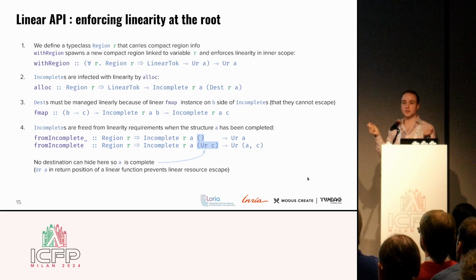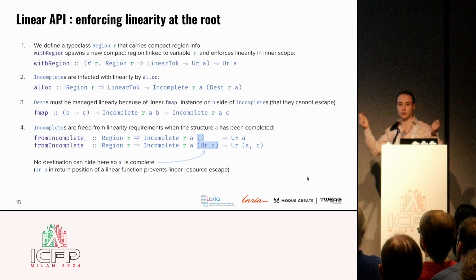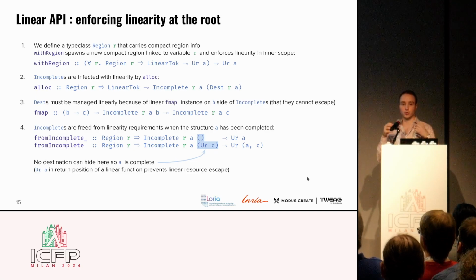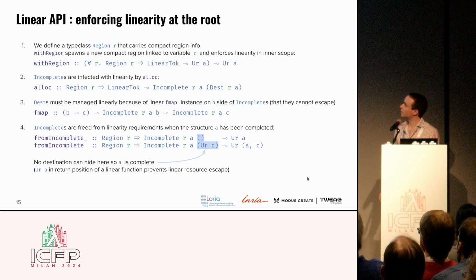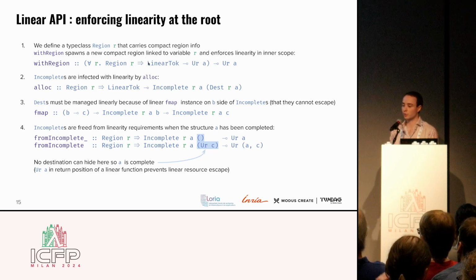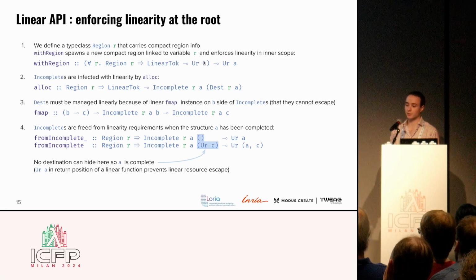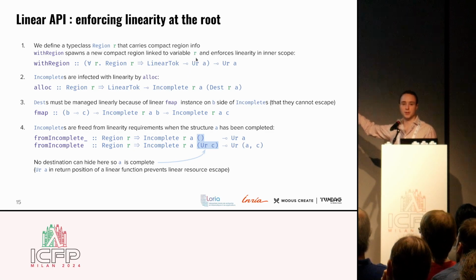And because it is a callback, it is a function arrow, and we can check the function arrow is indeed linear, and then apply ourselves the function on the argument that we want to make linear use of. So this is what the with region of my API does. It asks the user for a callback, consuming a linear token and returning something of type UR A. We use UR on the return type because UR is a special constructor in Haskell that does not use the argument linearly.